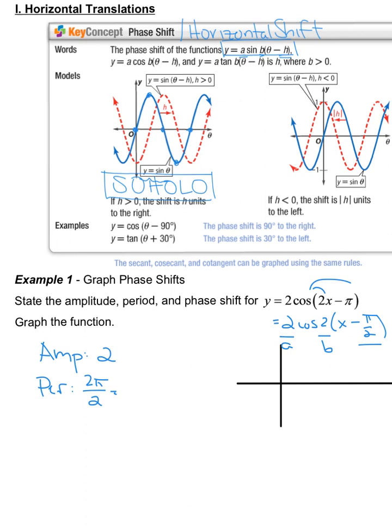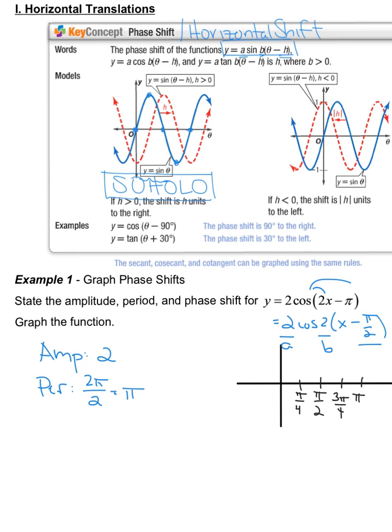Or sorry, not 2. What am I doing? Our period is pi. The 2's cancel. All right, so if I go to my graph, I'm going to go out pi, and then just like before, we're going to divide our graph into fourths. So we have pi halves, we have pi fourths, which would make this 3 pi fourths.